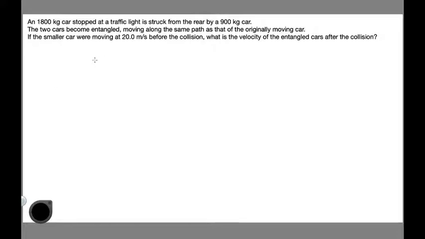So first we have a car that stopped at a stopping light or a traffic light, and let's call this car number 1. And let's call the car that's moving behind it, that hits it from behind, car number 2.